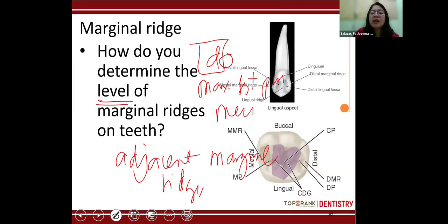The mesial marginal ridge of the maxillary second premolar. Because these two, okay, are adjacent. Tama? So they are at the same level. Very good. Okay, so how do you determine the level? Okay, adjacent marginal ridges are at the same level.